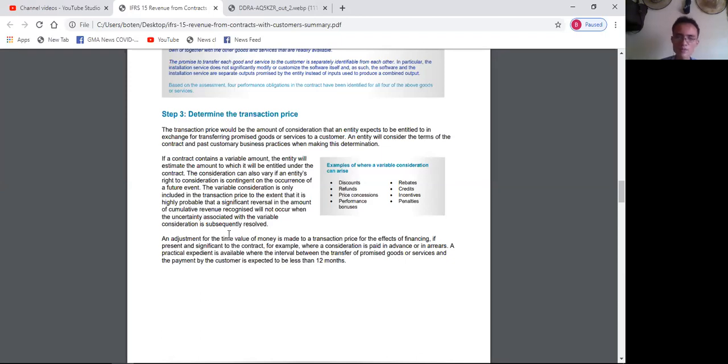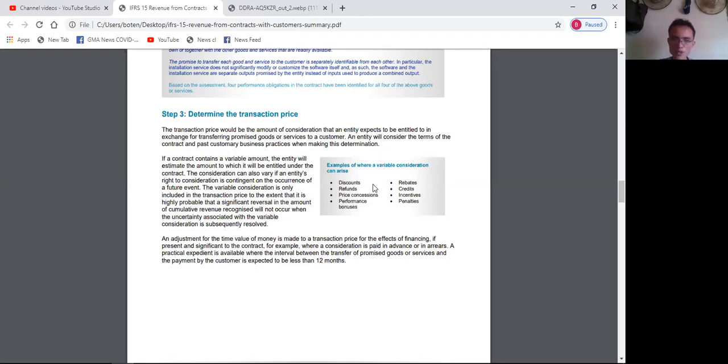So quite technical, but the point is that initially the amount of the variable consideration, or let's just say the portion of the transaction price that makes it variable, will be determined with the happening of a certain event.